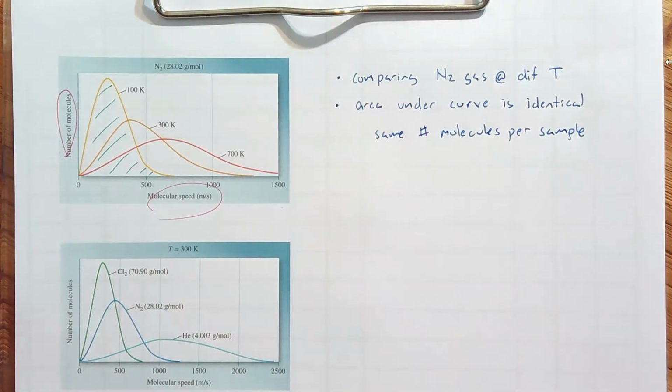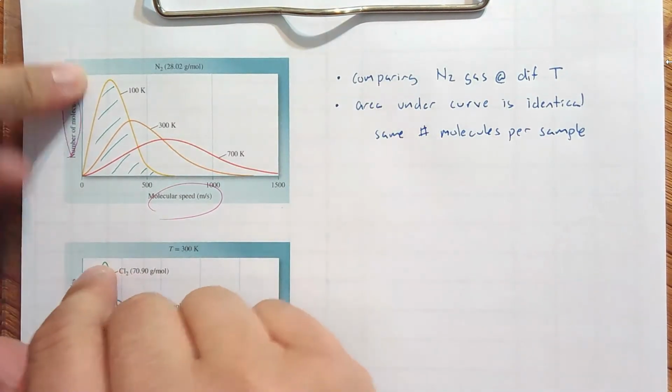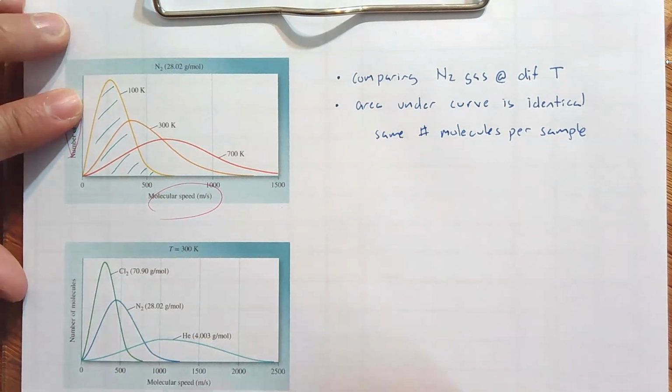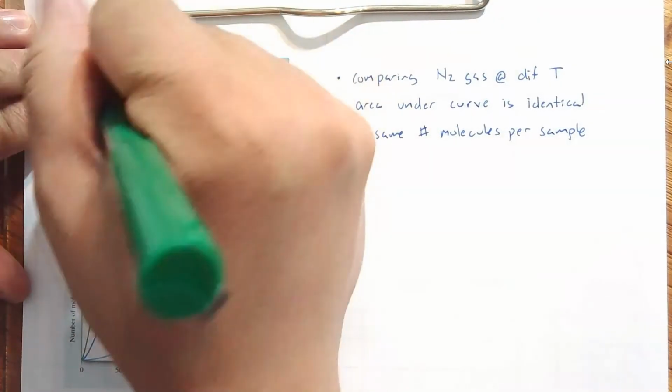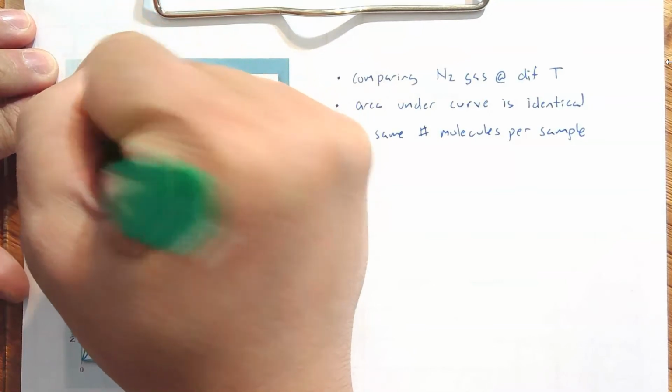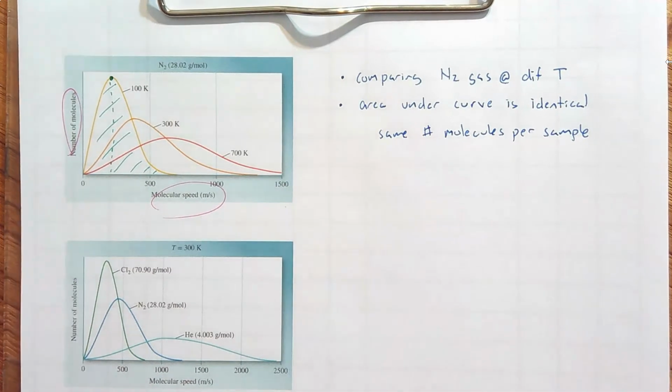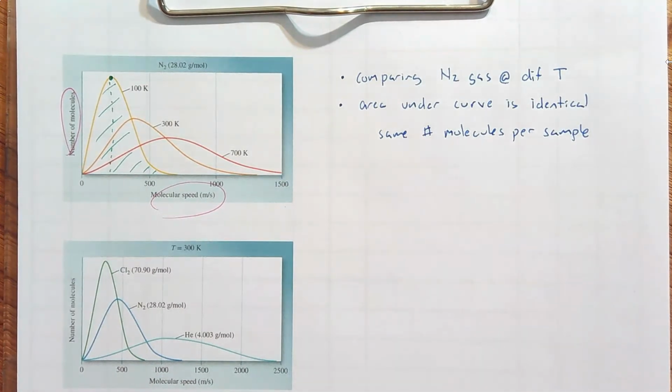Okay, what do you notice about this? At 100K, the very tippy top right here corresponds to a speed of maybe around 200. Okay, for now we're going to call that the average. Not the root mean square average, but just the average.